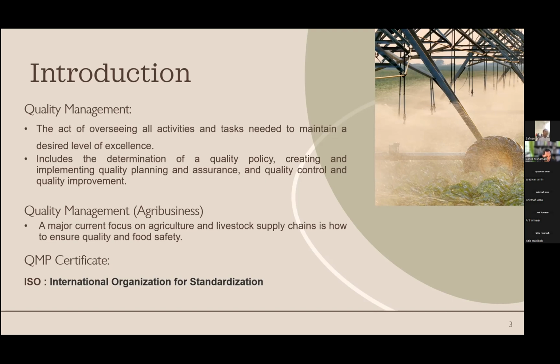While in agribusiness, a major current focus in the agriculture and livestock supply chain is how to ensure quality and food safety. One of the QMP certificates is ISO, which is done by the International Organization for Standardization.